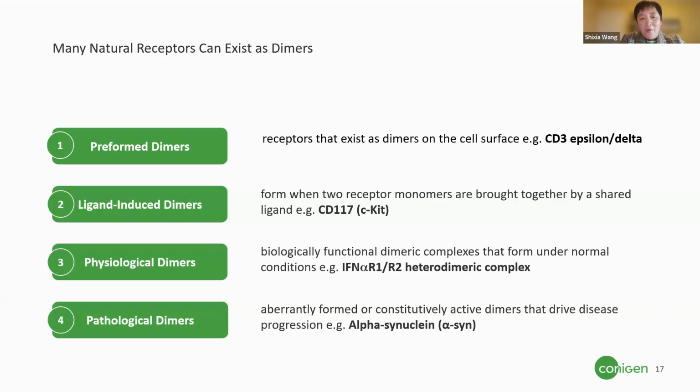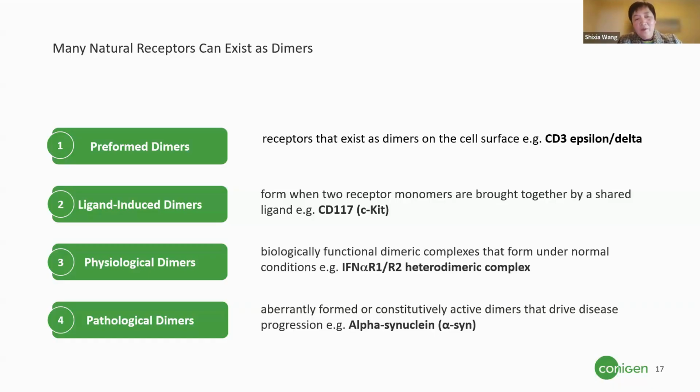Pathological dimers form during disease and cause different stages of disease progression. There are also many examples, such as alpha-synuclein in neurodegeneration, which first forms dimers and then higher order oligomers.